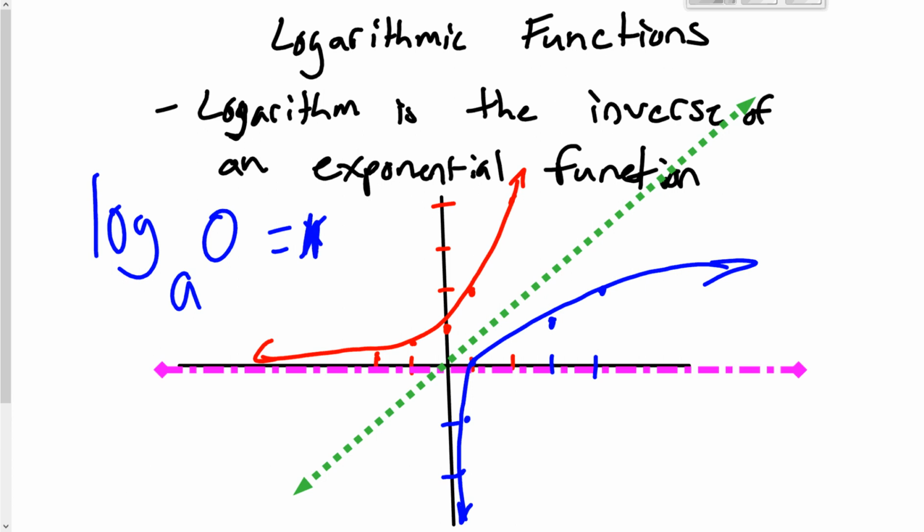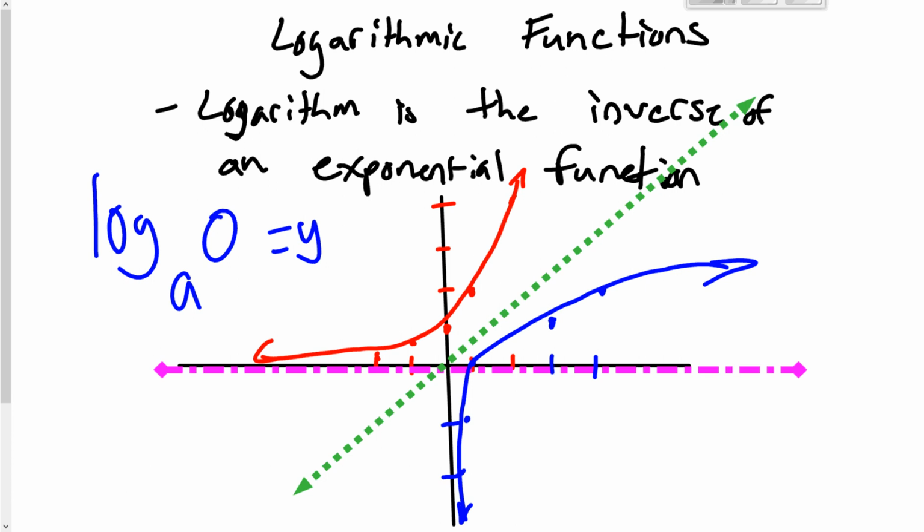I guess we put this as y. A raised to what is 0? I can't take any number except for 0 as a base, and that's even called an indeterminate, but we'll move on with that in calculus. But there's no positive number that I can use to find out what that is.